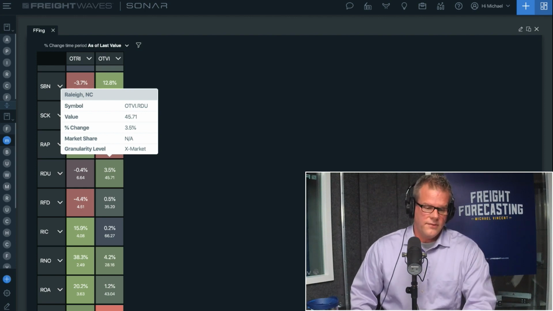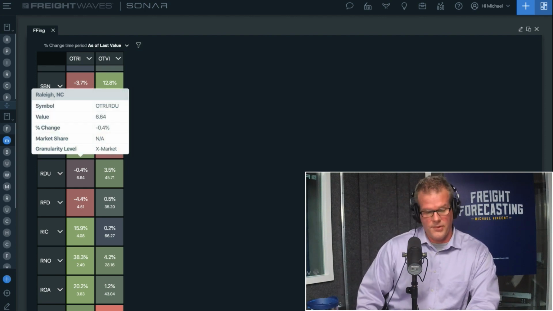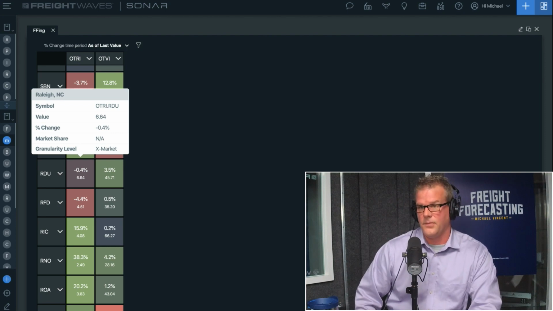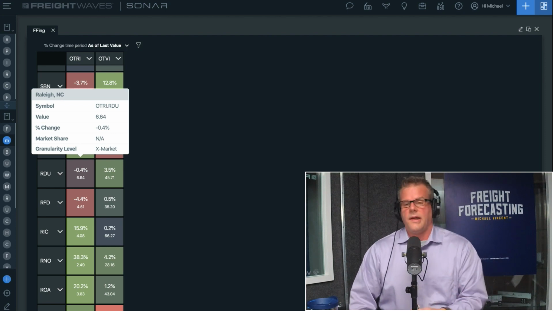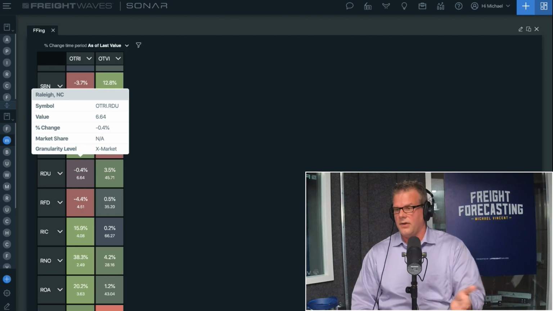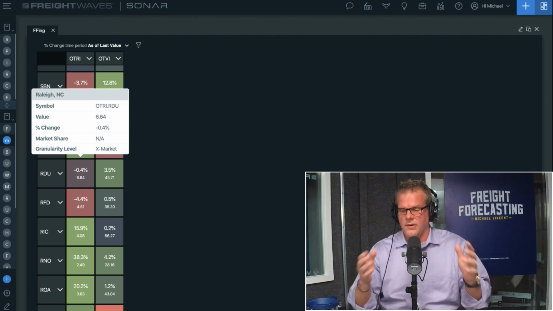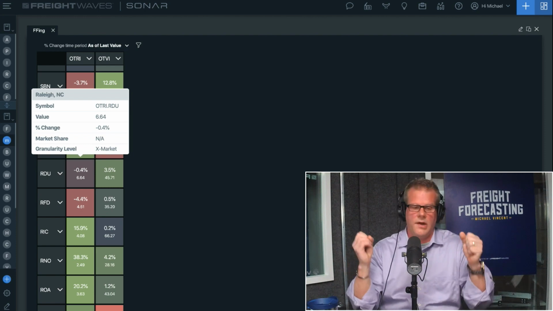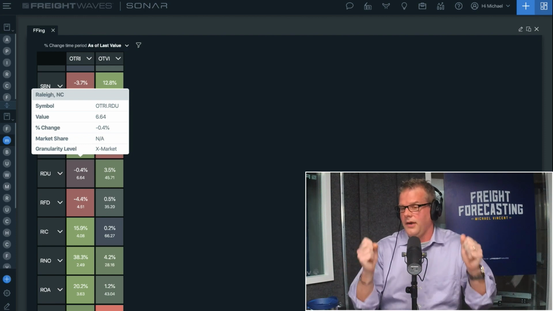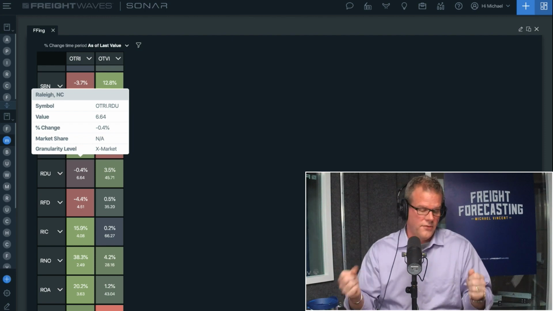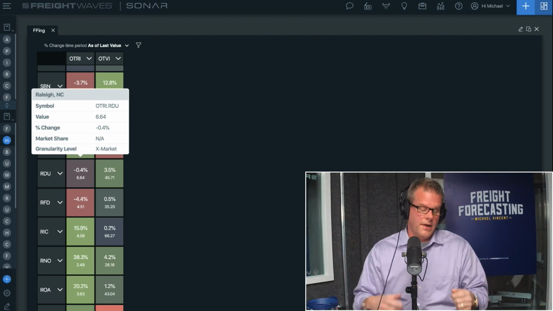The rejections dropped by 0.4% in Raleigh, and it's at a 6.64. I look at these colors, and once you're looking at this long enough, you see colors. Reds and greens will tell you issue, non-issue, or issue based on your perspective: shipper, carrier, or intermediary, right?